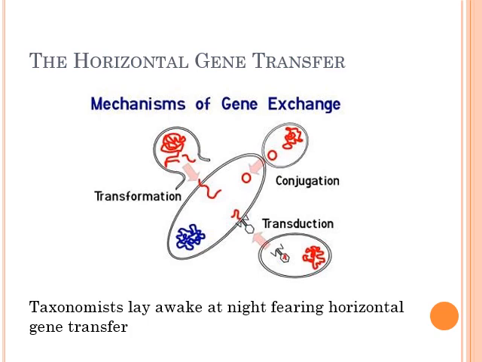Bacteria, and archaeans to an extent, all have this issue with what's known as horizontal gene transfer. This is where taxonomy sort of falls apart. Because we've defined in this class a species as a group of organisms that can interbreed with each other. But what happens with horizontal gene transfer is two bacteria come together of different species. They send a pilus across, a little hair.